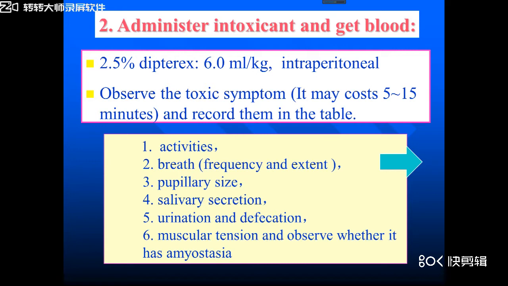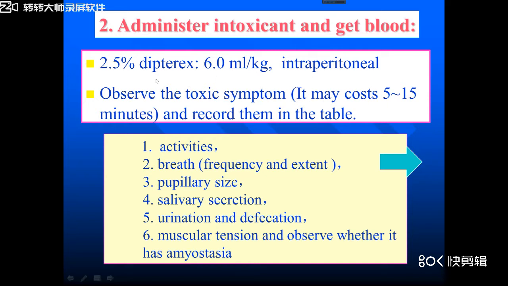The second step of this lab, we use organophosphate and then we observe the M and N signs again, and then we will take the blood again. The organophosphate is 2.5% dipterex, and dipterex is the most commonly used organophosphate.